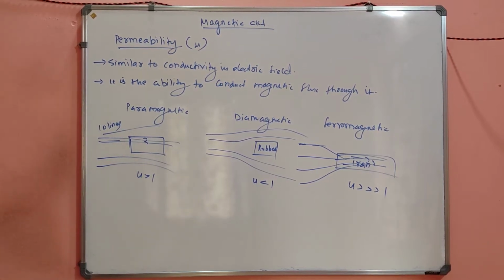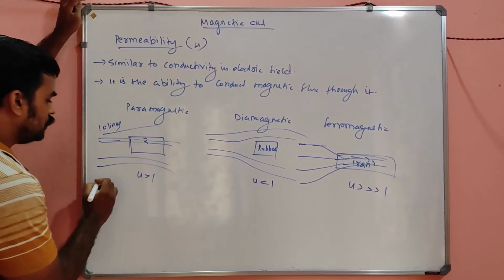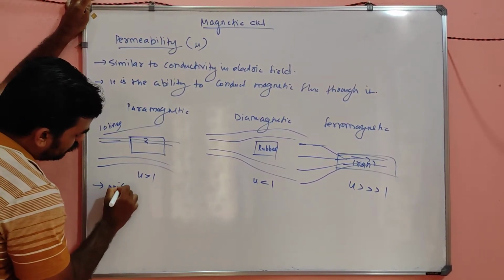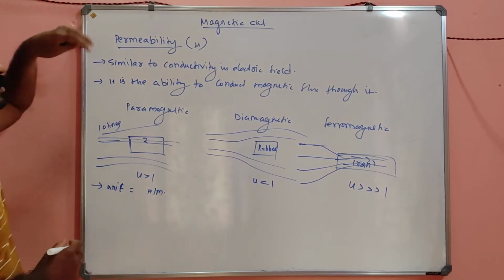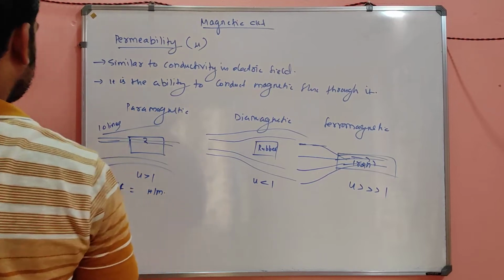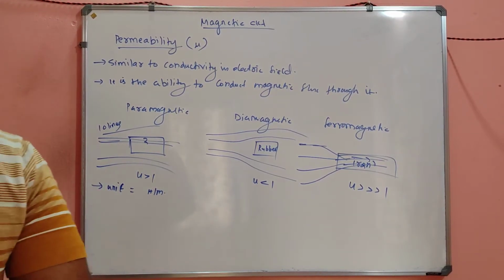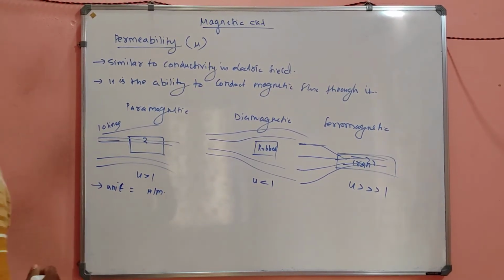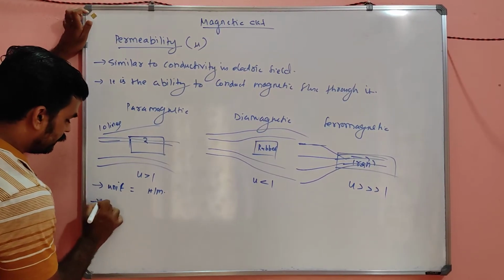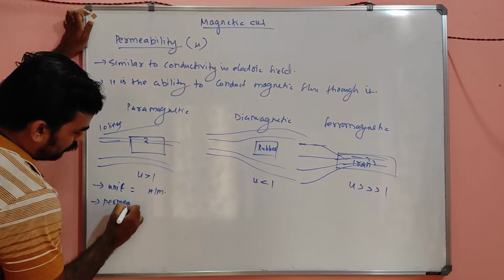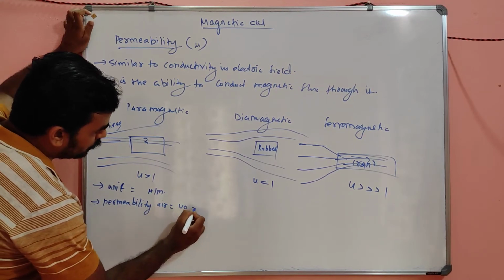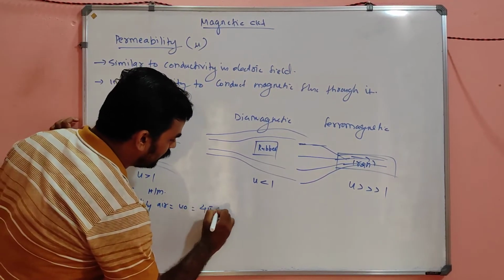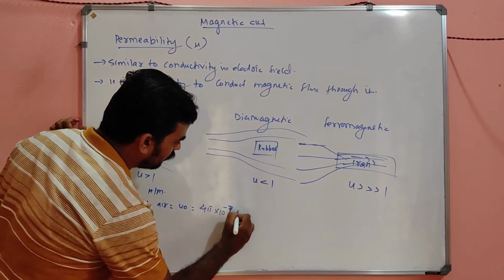Next, the unit of permeability is Henry per meter. That also you have to remember. And the permeability of air is mu 0, which is 4 pi into 10 raised to minus 7 Henry per meter.